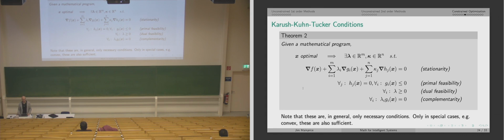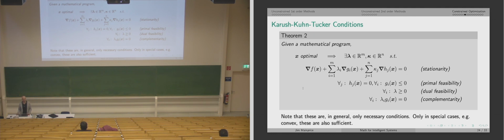It means that the negative gradient is equal to the linear combination of the gradients of the active equality and inequality constraints multiplied by their lambdas and kappas. That's stationarity.